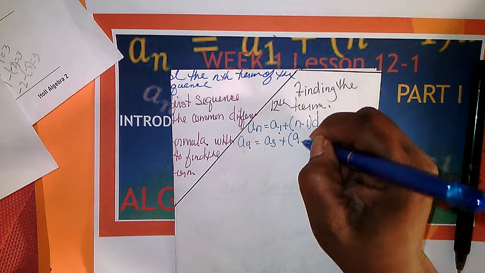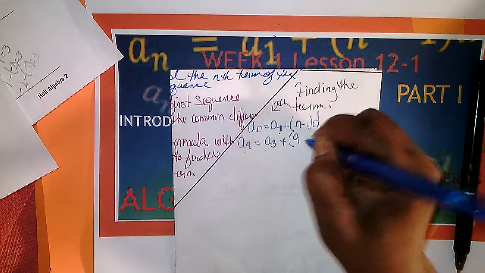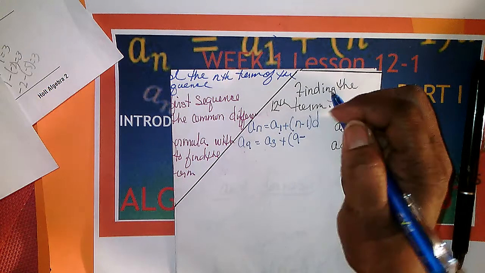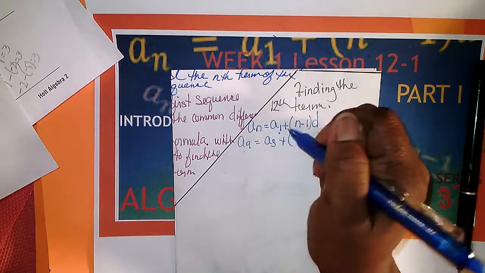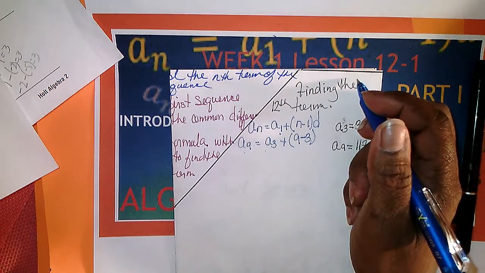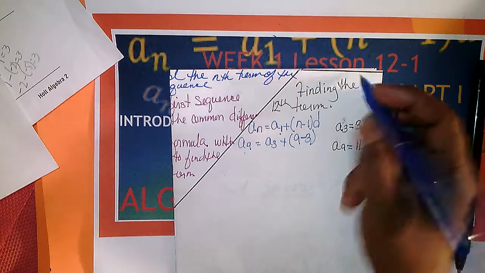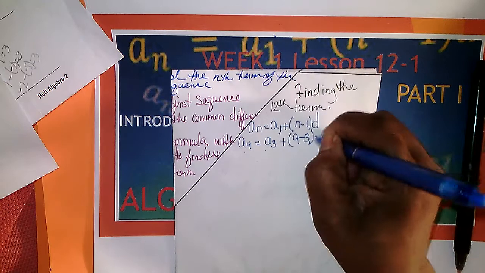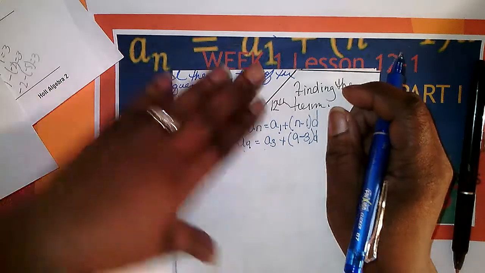Okay, and a3 is 3, so that will go in the parentheses. And then we have our d, because we don't know what d is, because we don't have all the numbers.